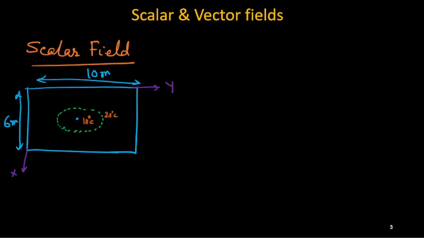Similarly, if we move far away, suppose this point is 30 degrees. So everywhere on these points it is 30 degrees. This is the curve for 30 degrees.